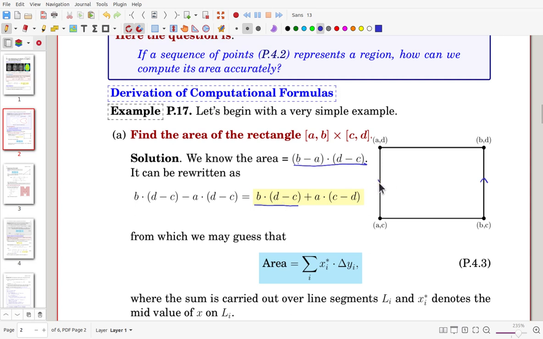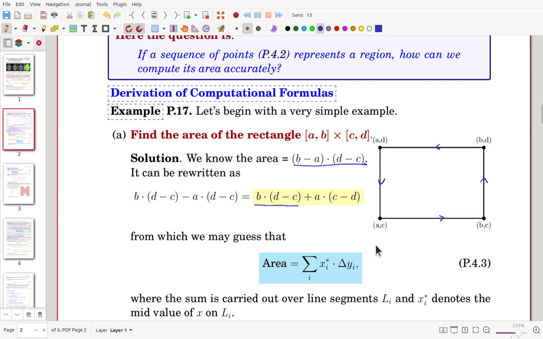For that side, the x value is a, and the change in y is from d to c, so that's c minus d. Now for the horizontal sides, there is no change in y, so they give no contribution. So only the change in y contributes.